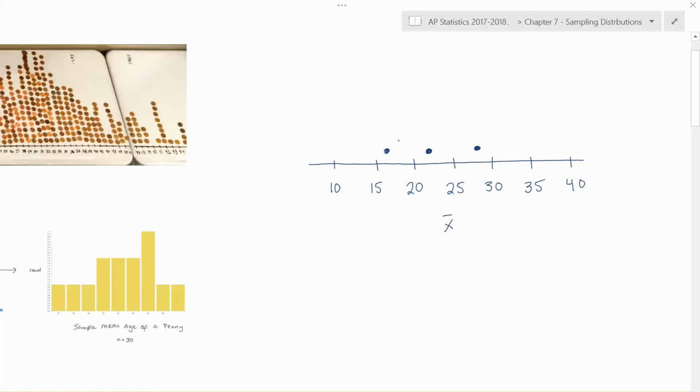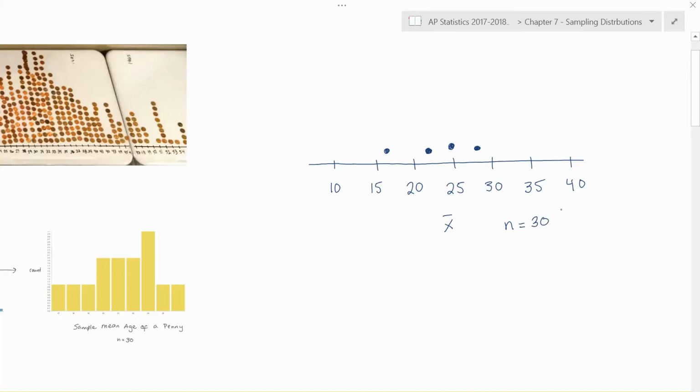So instead of looking at the individual pennies, we're now looking at the average of a group of pennies. And in order to do this, we would have to have the samples all be about the same size. So let's say they're all 30 pennies, and these are the averages that we find.